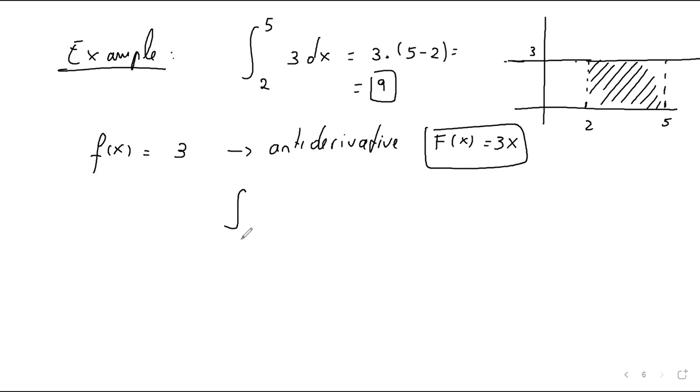And when we calculate the integral from 2 to 5 of 3 dx, which is 3x evaluated at 5, that's going to be 3 times 5, capital F of 5, minus 3 times 2, that's F evaluated at 2.